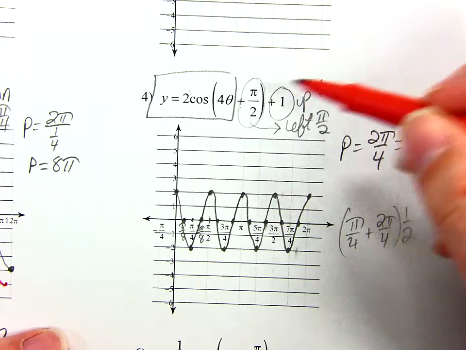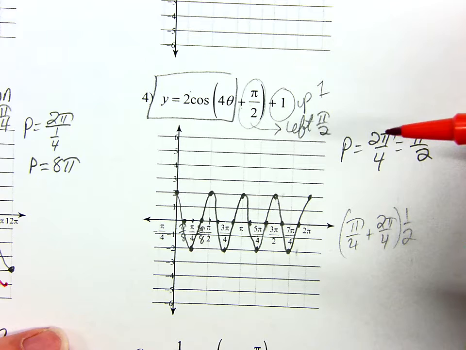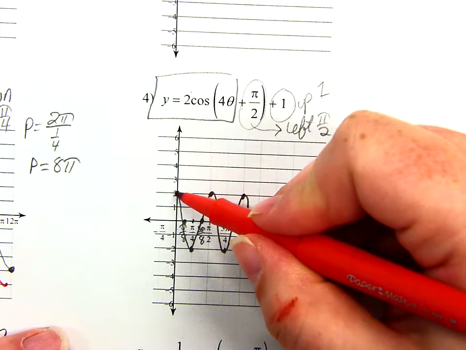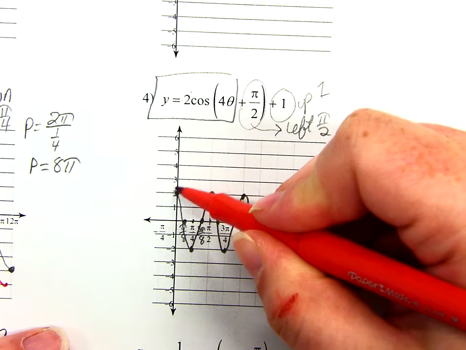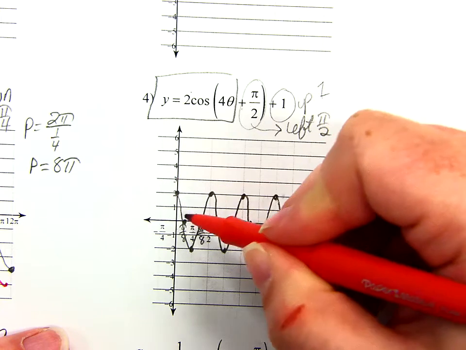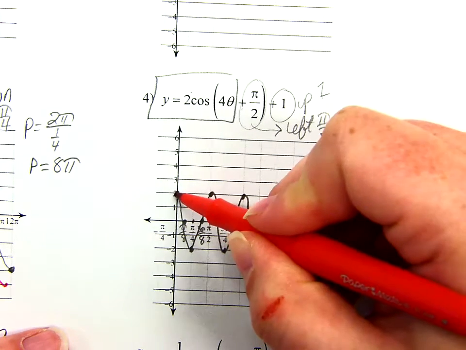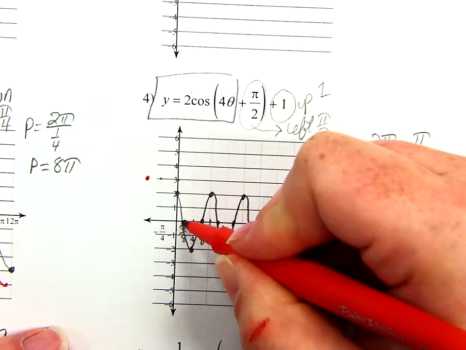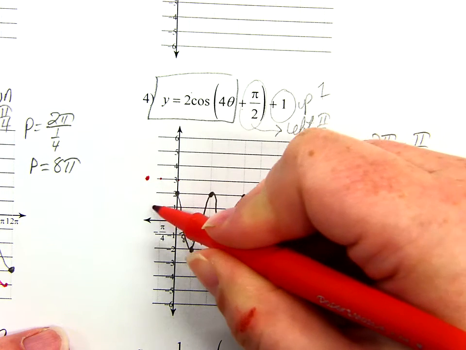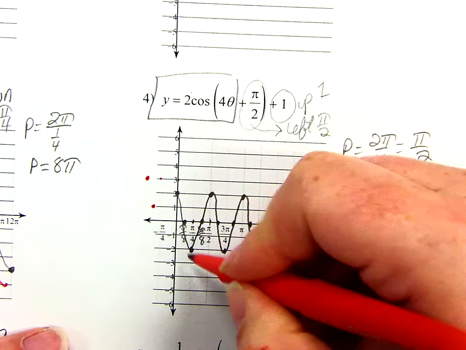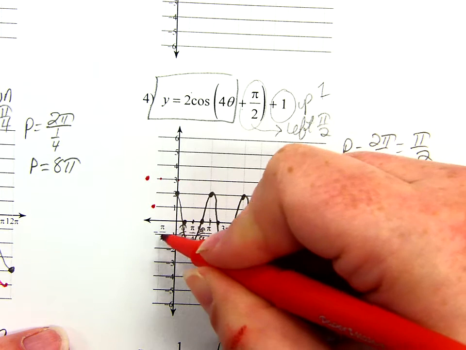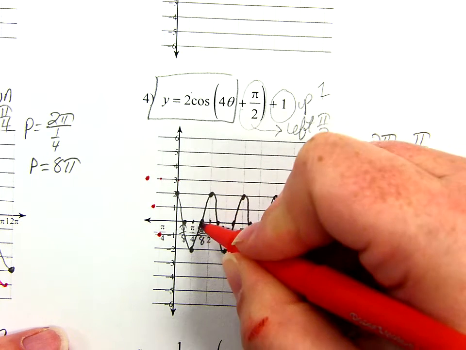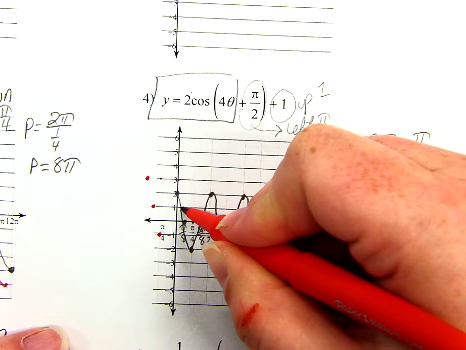So what I need to do is I need to move every box up 1 and left pi over 2. Check this. If I take this one and I move it up 1 and then left pi over 2, left pi over 2 would be 2 boxes. So I have to go up 1 over 2 boxes. This point now goes up 1 over 2 boxes. Up 1 over 2 boxes.